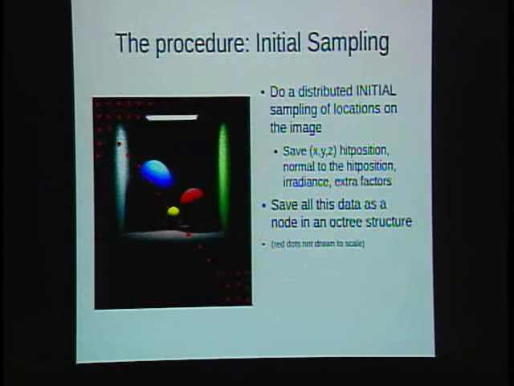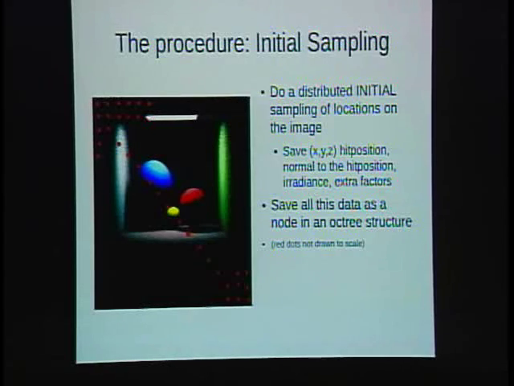So initially we do a sampling. What I did was I just did a grid sampling across the image. The red dots are enlarged just to show kind of how it is. You can't really see it that clearly, but the whole image has a 64 by 64 grid of samples to find out what the irradiance is at the different places.